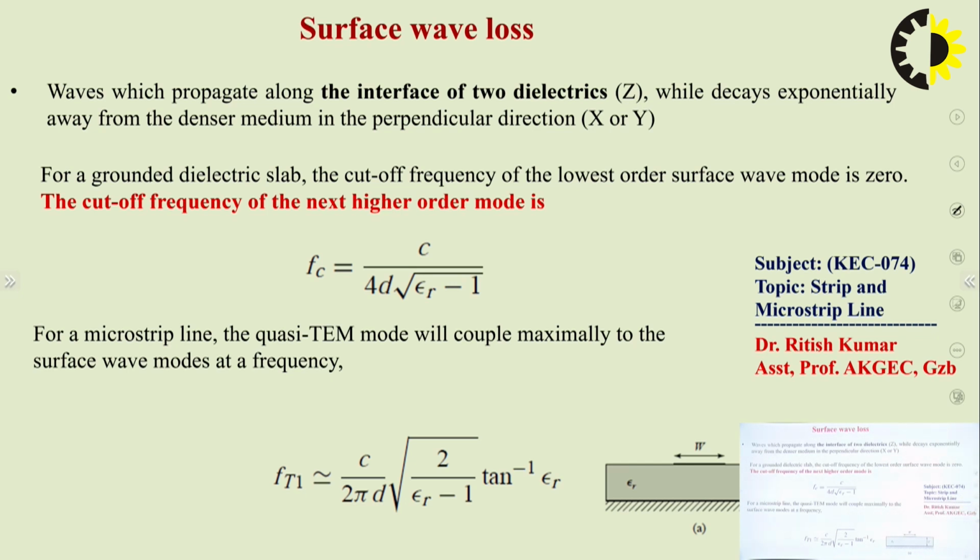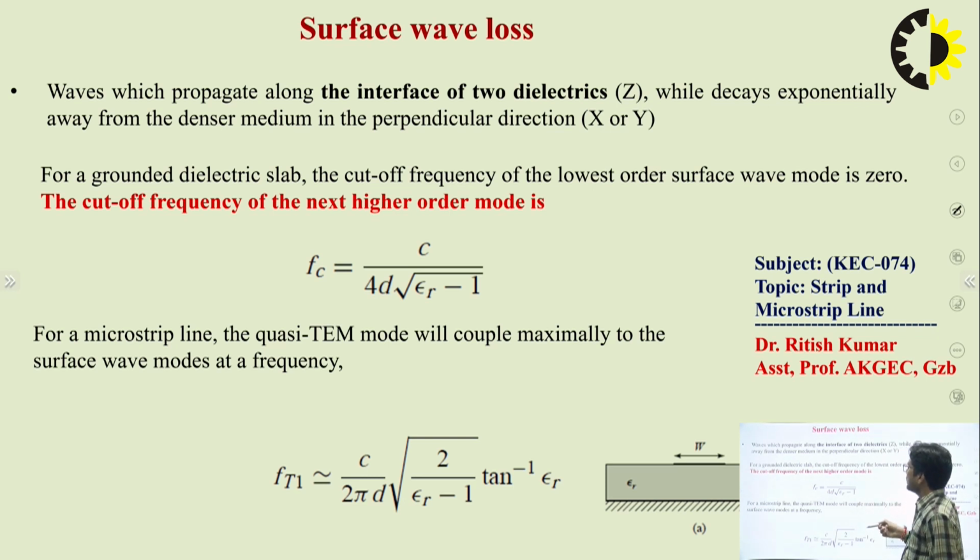If there is some discontinuity between two media, then we have some surface wave over the boundary. For the microstrip line, there are two media. The first one is the air, and the second one is the dielectric media. So this is the boundary over which the surface wave propagates.